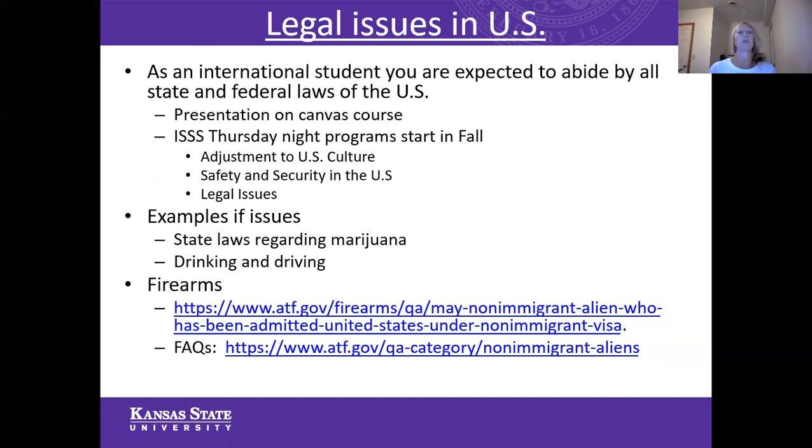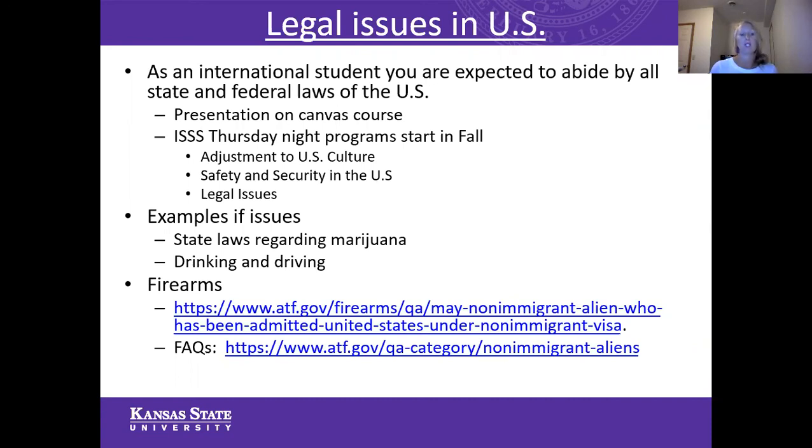The example with marijuana: there are some states here in the United States that have legalized the use of marijuana. Colorado, the state to our west, has done this. However, it's still a federal law that it's an illegal substance. So as an international student, you are prohibited from partaking in any activity related to drugs that are illegal at a federal level.